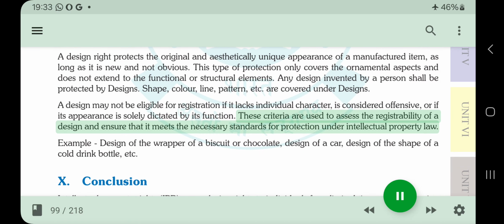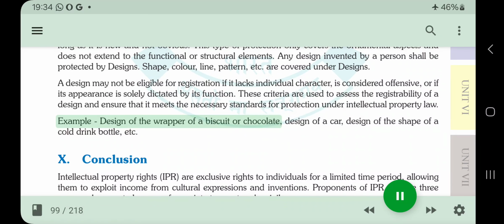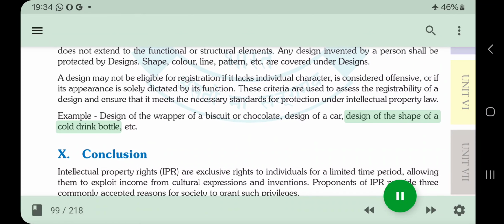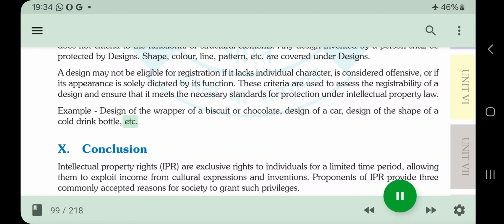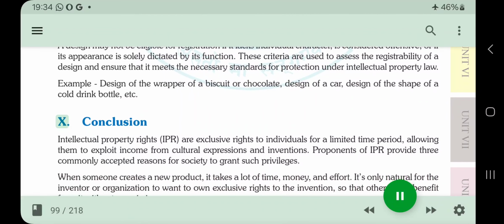These criteria are used to assess the registrability of a design and ensure that it meets the necessary standards for protection under intellectual property law. Example: design of the wrapper of a biscuit or chocolate, design of a car, design of the shape of a cold drink bottle, etc.